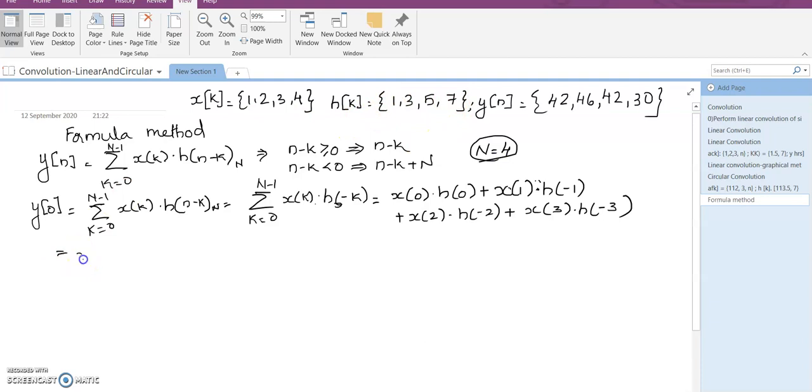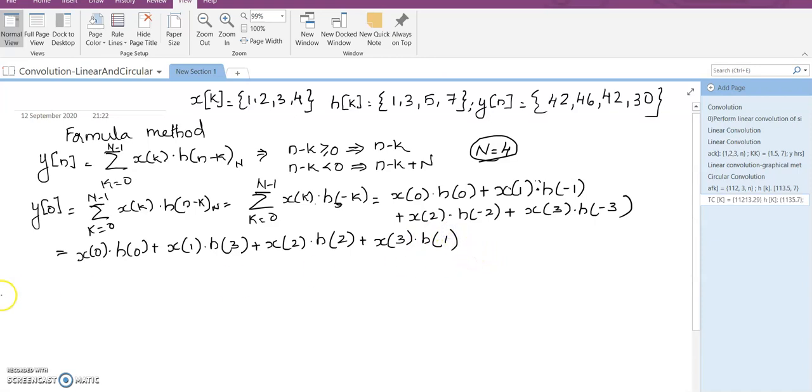So we can modify it: x of 0 dot h of 0, plus x of 1 dot h of minus 1 plus 4 becomes h of 3, plus x of 2 into h of minus 2 plus 4 becomes h of 2, plus x of 3 dot h of minus 3 plus 4 equal to h of 1. So x of 0 is 1, h of 0 is 1 itself.